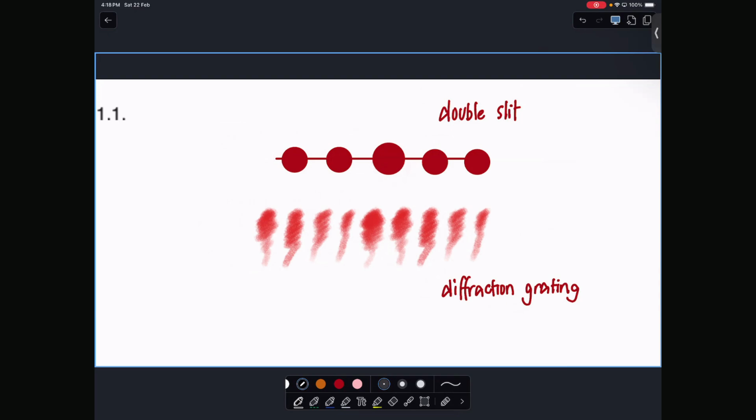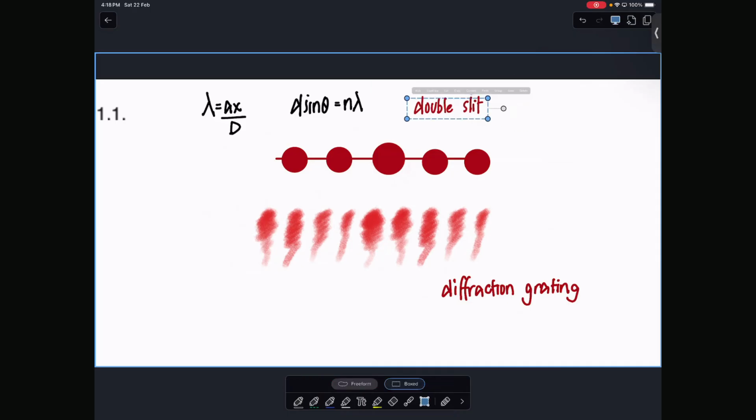Yeah, d sine theta equals n lambda. Okay, and for double slit interference, what is the formula? Yes, lambda equals ax by d. So the question is, which one is which? Which one will be double slit and which one will be diffraction grating?